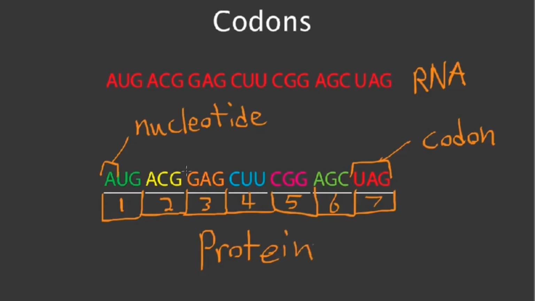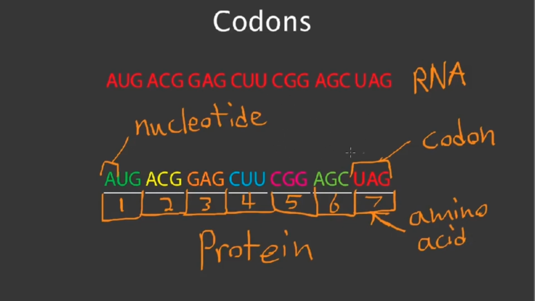All of the amino acids put together create a protein. And here, this is amino acid number 7. I'll put amino acid here so that you can remember that each codon codes for an amino acid.